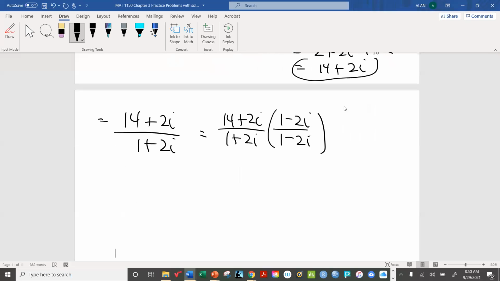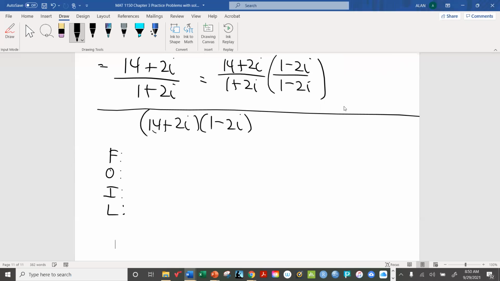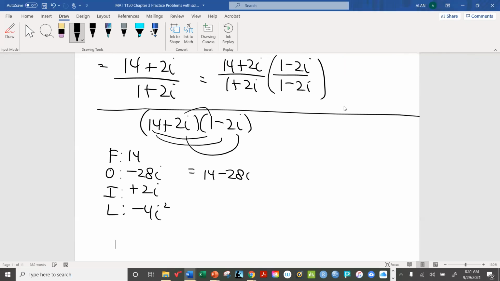Now, of course, we'll have to apply FOIL to both the numerator and the denominator. 14 minus 28i plus 2i minus 4i squared. 14 minus 26i minus 4i squared.